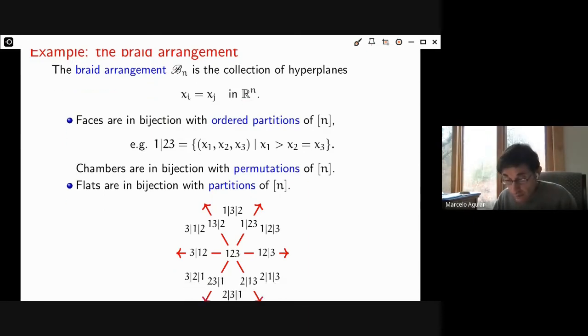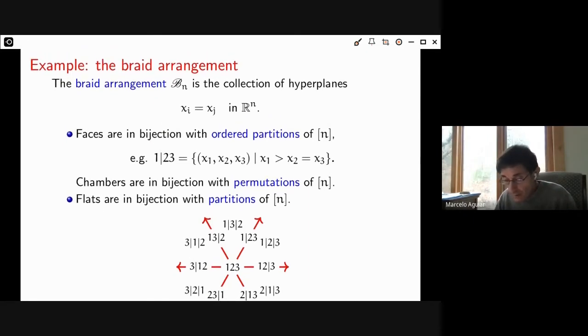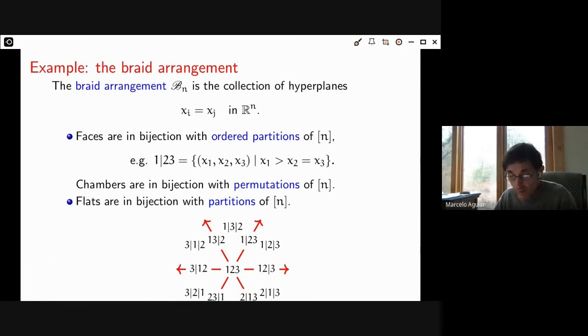And the combinatorics of this arrangement are very explicit. One can describe faces, flats, and all the objects we discussed in very explicit combinatorial terms. So a face is going to be indexed by an ordered partition of n.